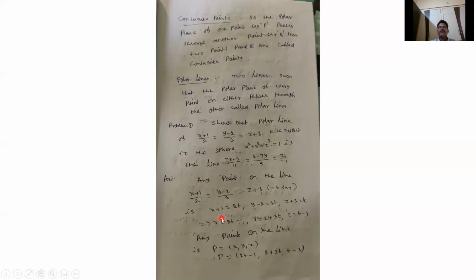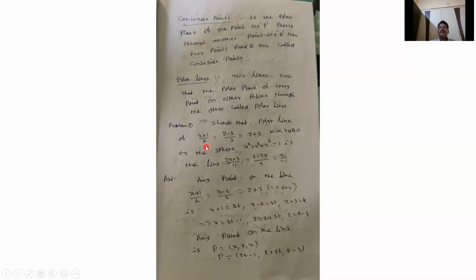So x+1 = 2t, that is x = 2t-1. y-2 = 3t, so y = 2+3t. z+3 = t implies z = t-3. So any point on this line is of the form (2t-1, 2+3t, t-3).